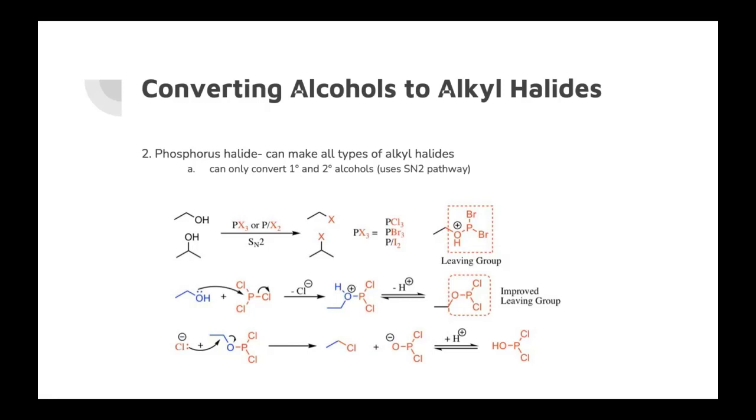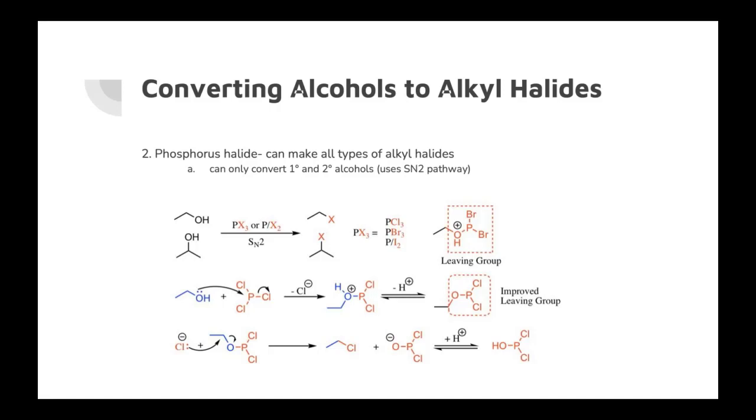The second way that you can do this is using a phosphorus halide, so PCl3, PBr3, or P with I2. This can make all types of alkyl halides, but it can only do primary and secondary alcohols. And so this one uses the SN2 pathway as well.